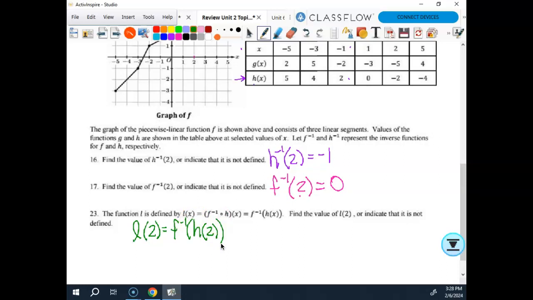We work from the inside out. h of 2 is -2, so that means I really want f inverse of -2. So then I go to my graph, and I don't go to -2 on the x-axis, because this is the inverse, so I've got to use the y value. -2 is my y value, that makes the x value -4.